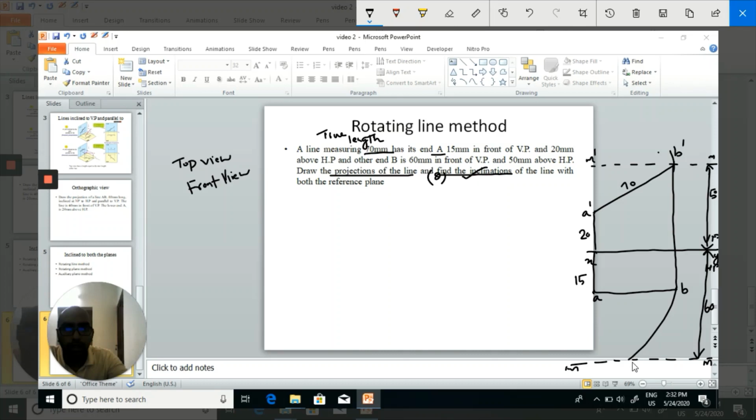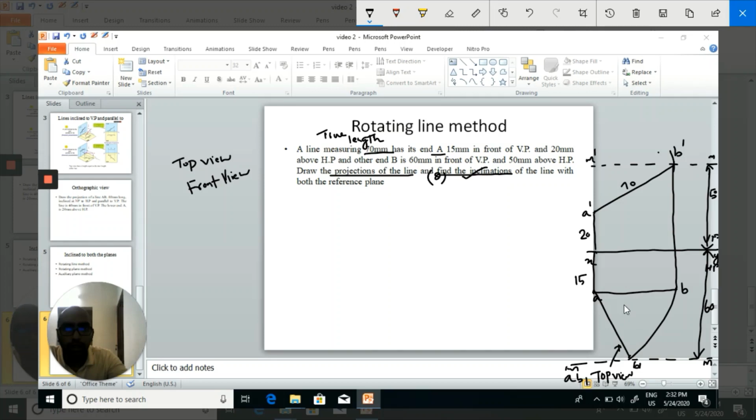It will meet the MM locus line at B1. So this is the top view of the line AB. So B1 is the top view.